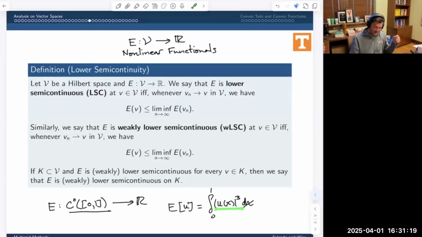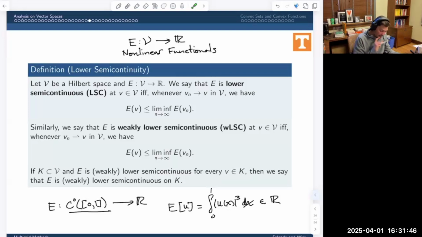And every continuous function on the closed compact interval 0 to 1 is integrable, and it gives us a number. Whatever it is, we don't know necessarily off the top of our head, this is going to be a real number. So there's an example of a nonlinear functional. It takes a full function and maps it to some real number.